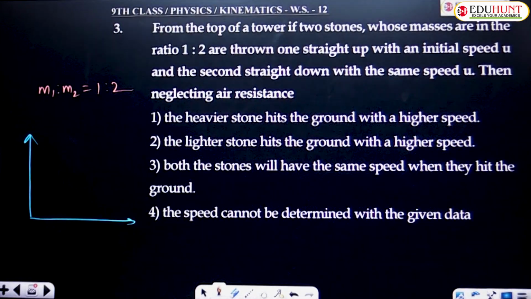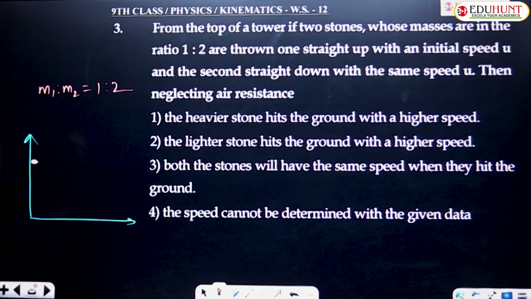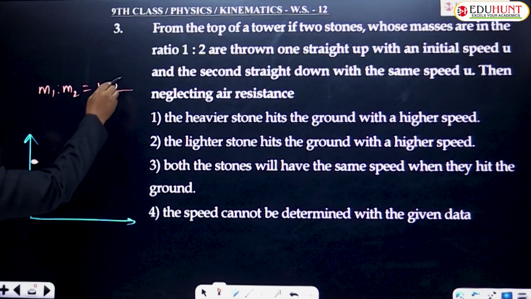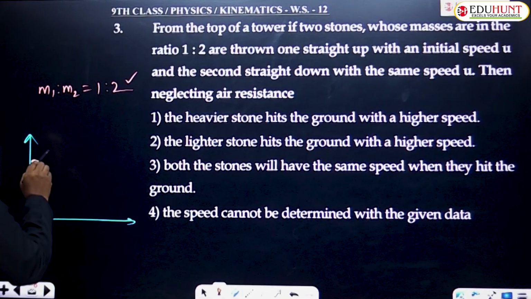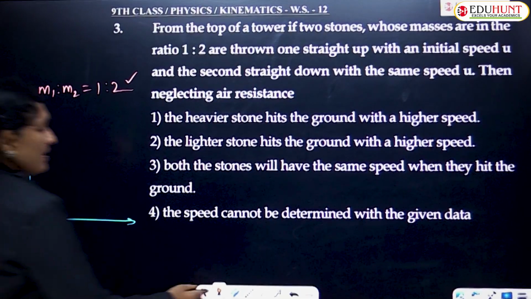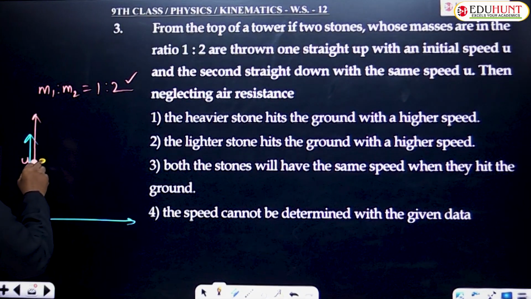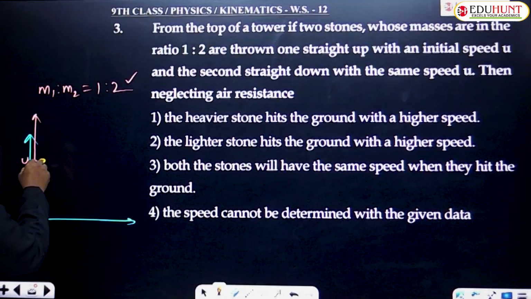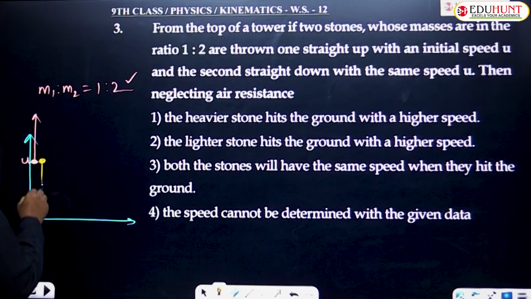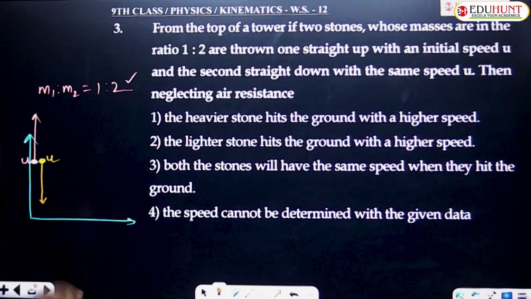From the top of a tower, two stones are thrown, one straight up with initial speed u, and another stone straight down with the same speed u.